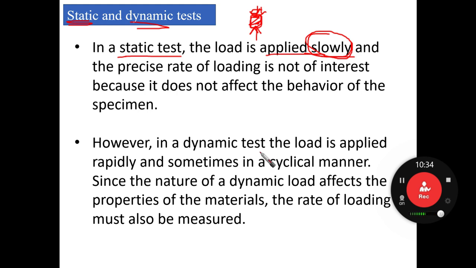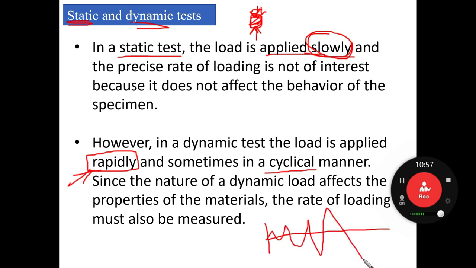However, in a dynamic test, the load is applied rapidly. So take care of this word, rapidly. It means that the rate of loading is rapid. The load is not being applied slowly, and sometimes it is applied in a cyclic manner. A common loading protocol is something like this, increasing and after that going up and down. This is what we call a cyclic or cyclical manner.